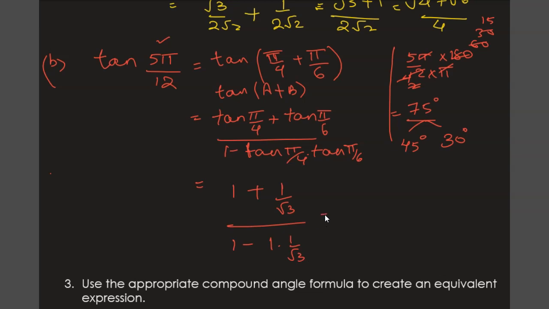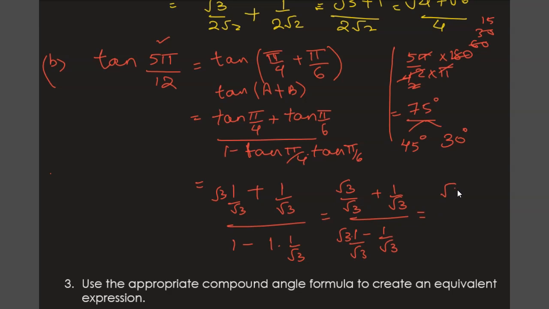1 minus tan pi by 4 is 1 times, this is multiplication, tan pi by 6 is 1 over root 3 again. And all we have to do is just make the denominators common because we are adding here. So if we make the denominators common, we multiply by root 3 both numerator and denominator. We get root 3 by root 3 plus 1 by root 3 over, this is 1 minus 1 by root 3. Again, we do the same thing, make the denominators common, multiply the numerator and denominator with root 3.